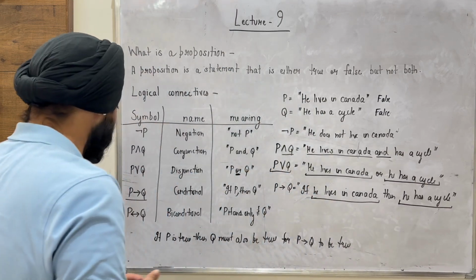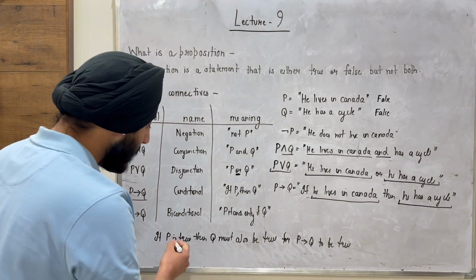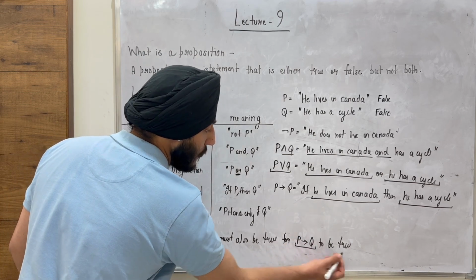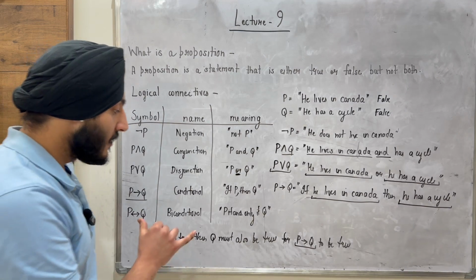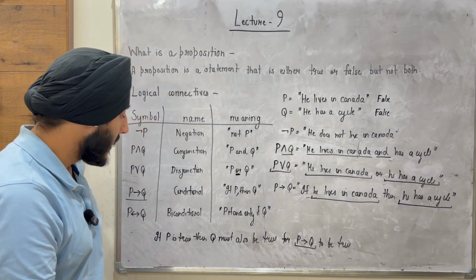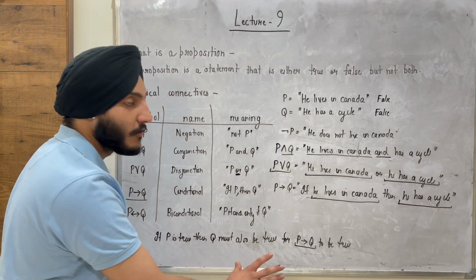Basically, if P is true, then Q must also be true for this entire condition to be true. This is the only condition that you need to remember. This is the only sentence that you need to understand. If P is true, then Q must also be true.